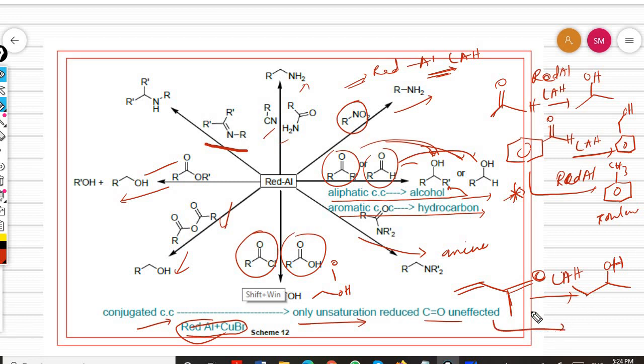At the same time, if I use Red-Al, it gives only the carbonyl compound without unsaturation, saturating the conjugated carbonyl compound. So this is about modified lithium aluminum hydrides.